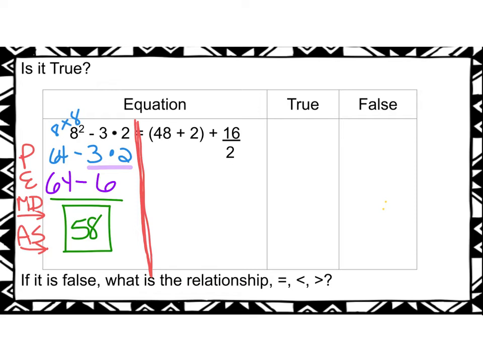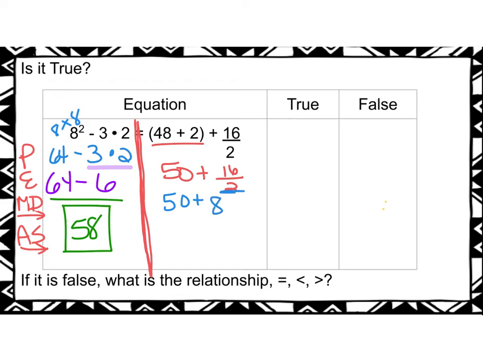So let's look at the right side. So let's start with parentheses. So we have 48 plus 2, which is 50, plus 16 divided by 2. Now we're going to do exponents. We don't have exponents, so we go on to the next one, multiply and divide. So we have division, so 16 divided by 2 is going to give us 8.